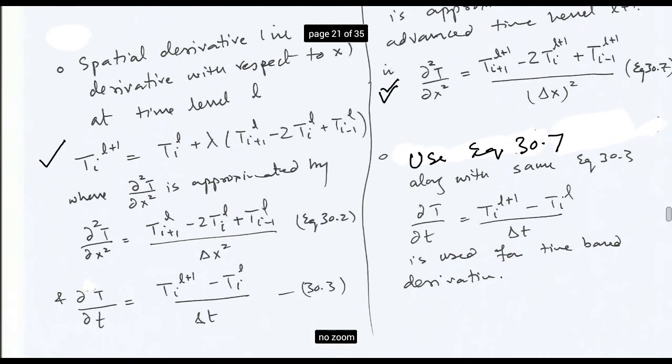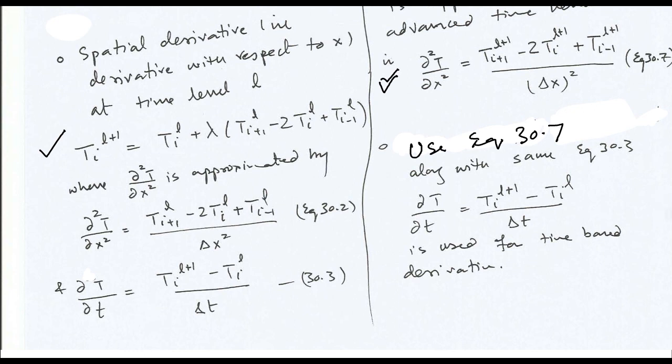It's better to compare this one. You see, this is L plus 1, L plus 1, L plus 1, and compare this with the differential here. See, this is explicit, L. So this is the main difference between them.